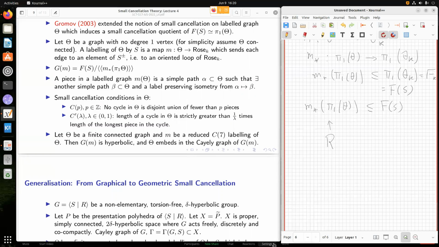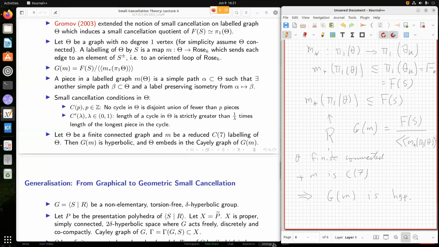If M satisfies C7, then the corresponding quotient group that we had seen here, for the labeling M, we are considering the quotient, which is Fs quotiented by M star of pi 1 theta, right? That is the quotient group. Now what this result is saying is that if theta is finite connected and M is C7, then Gm is hyperbolic.